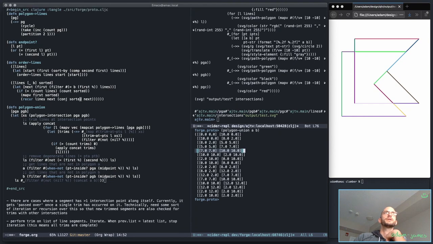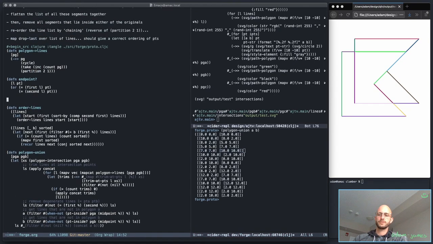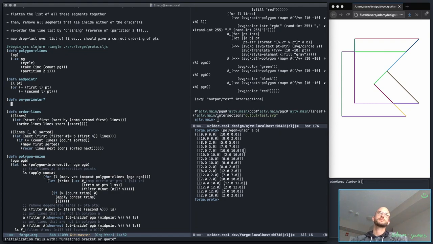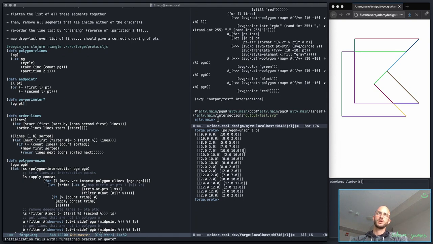Okay, if I come up with some kind of predicate like on perimeter, what I need to do in this case is polygon and point, and I just need to run map.